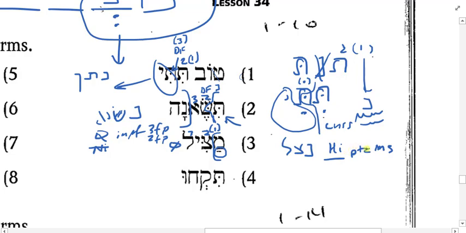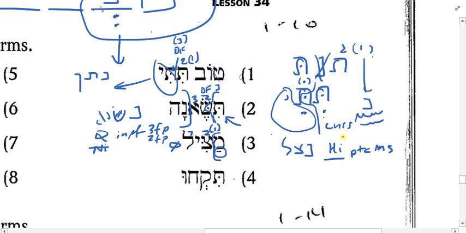If it were the Hofal participle, it would be delivered, and it would be something like mutsal, not matzil, but mutsal. So, how would I say delivered pizza in Hebrew? Pizza mutsa. We have to make it feminine, right? Pizza's got to be feminine. Ha pizza ha mutsa.